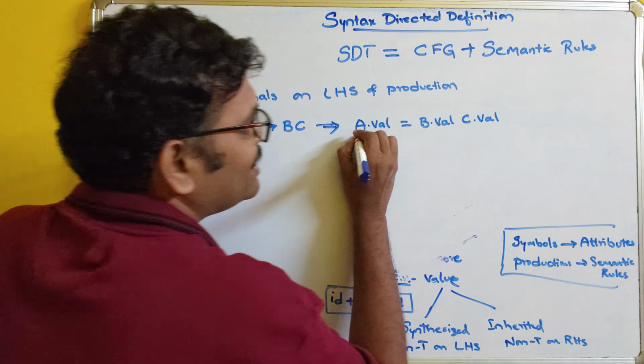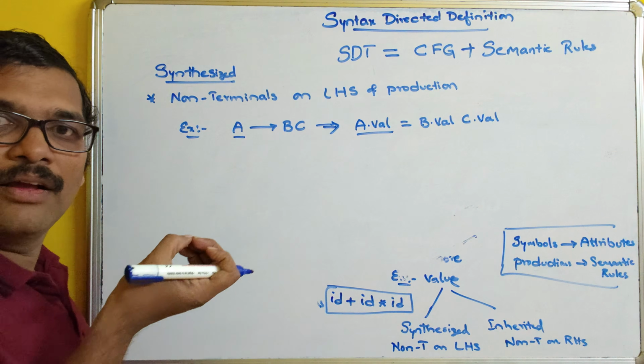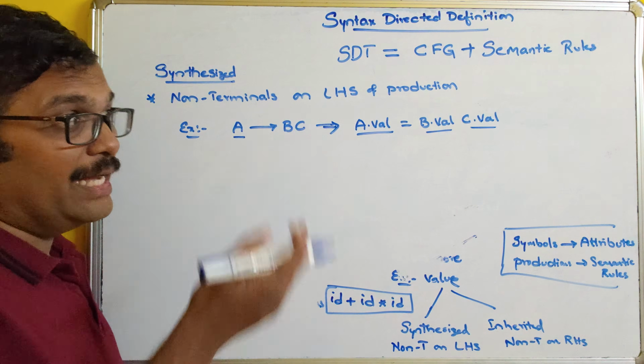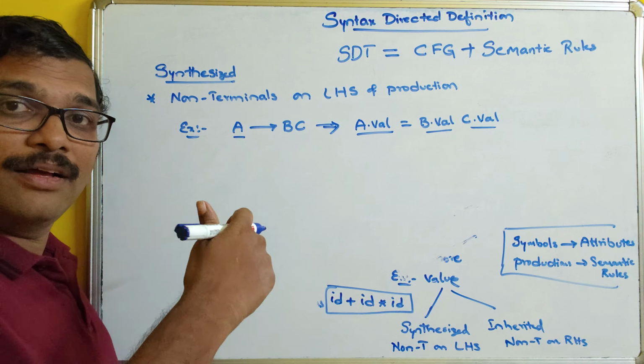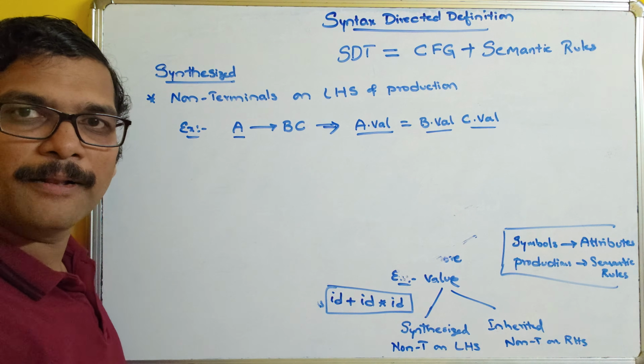So A dot value will be obtained from B dot value and C dot value. B dot value is again expanded because B is a non-terminal, and C is also a non-terminal.